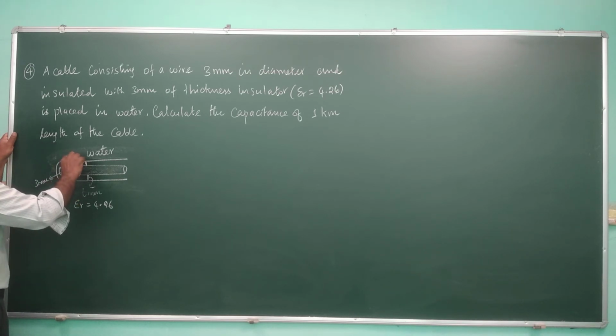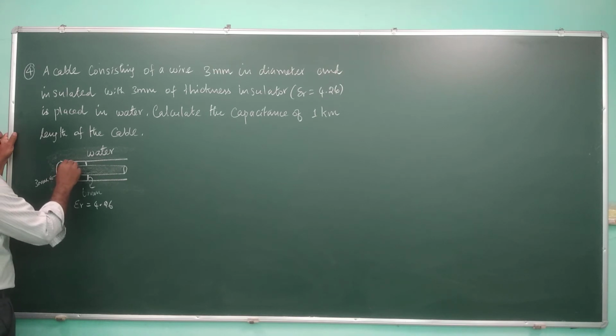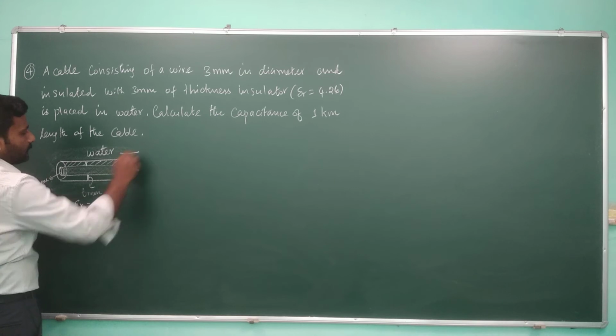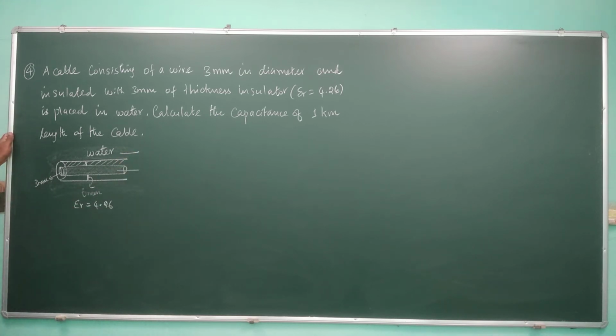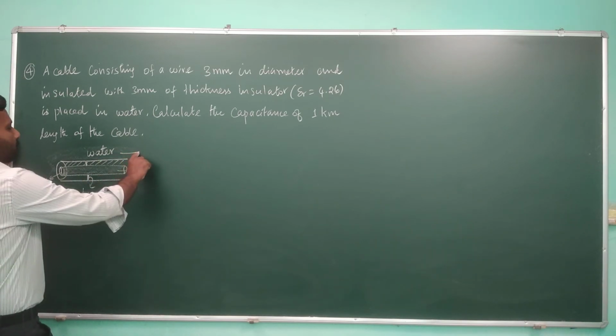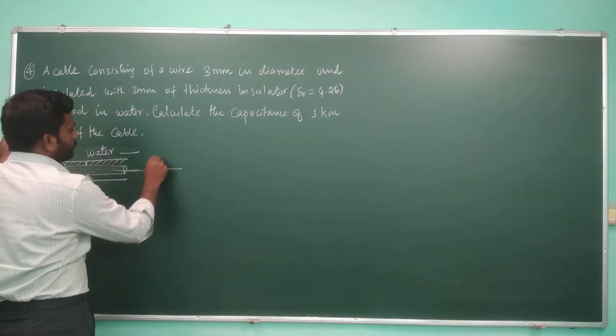In between there is a dielectric medium. So this is the dielectric part and these are the conducting parts. Now we have to calculate the capacitance for a length of 1 kilometer.